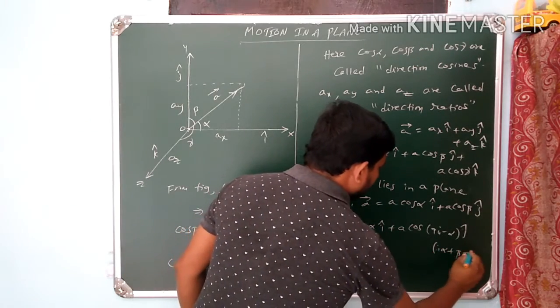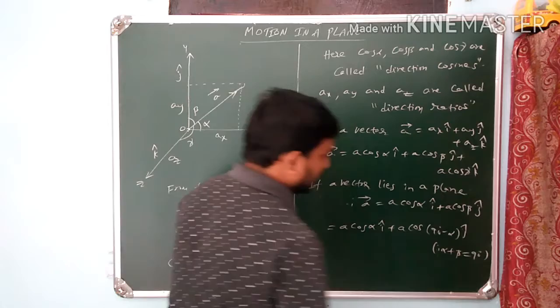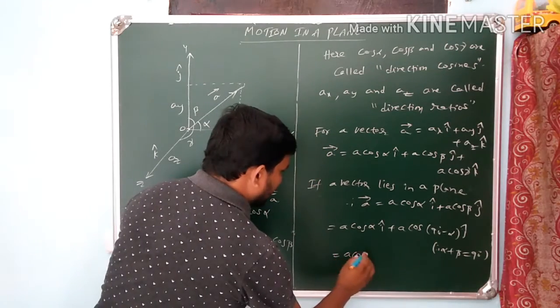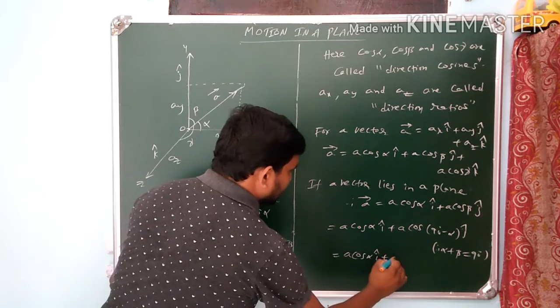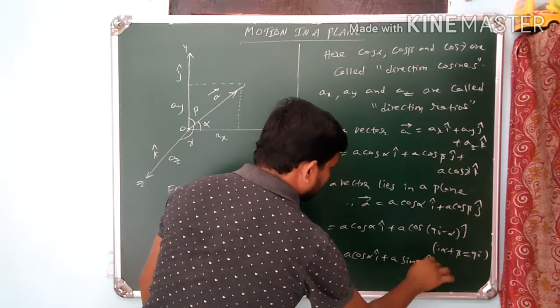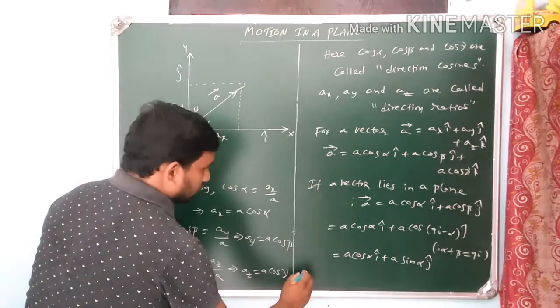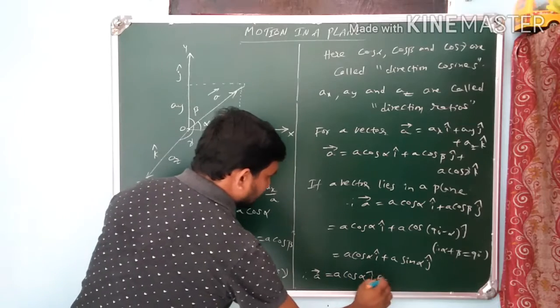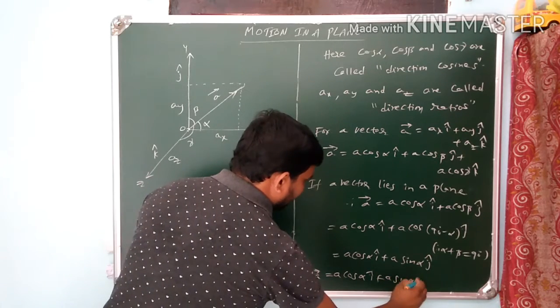From that beta is equal to 90 minus alpha. So a cos alpha into i cap plus a cos 90 minus theta, which is sin theta, therefore sin alpha into j cap. Therefore a bar is a cos alpha into i cap plus a sin alpha into j cap.